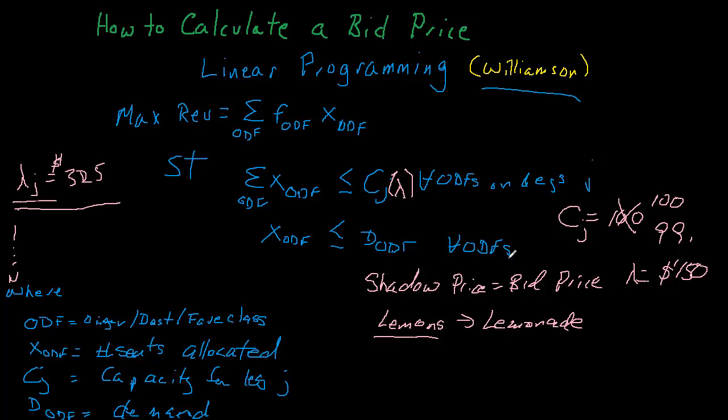So we need a mechanism. If we were to just load this into the reservation system and say our bid price is $325 and leave that bid price there for a couple of days, it becomes stale very quickly. It's only accurate at the time it's calculated.